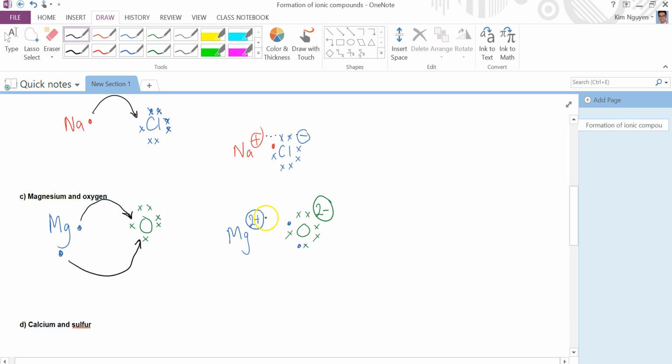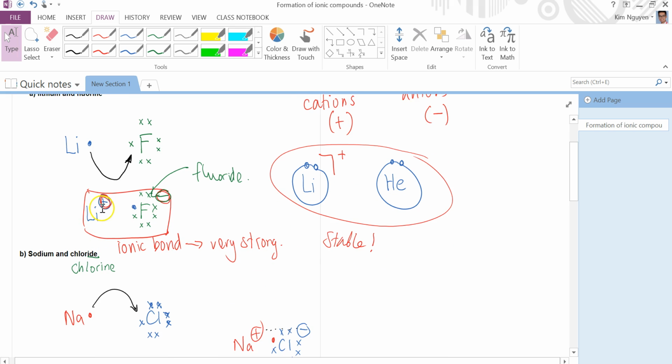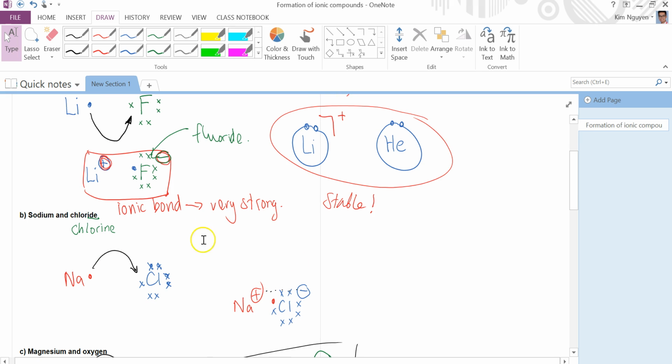And as I mentioned previously, these opposite charges, they attract each other very strongly, and that's a very strong bond. In fact, this bond between magnesium and oxygen is much stronger than the bonds between lithium and fluoride and sodium and chloride. So if you have a look at sodium and chloride and lithium and fluoride, these are single charges, single positive charge with a single negative charge.